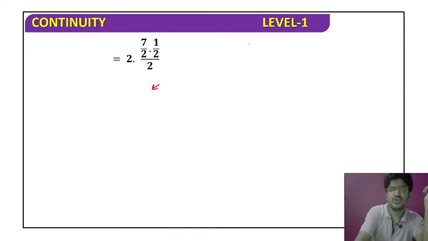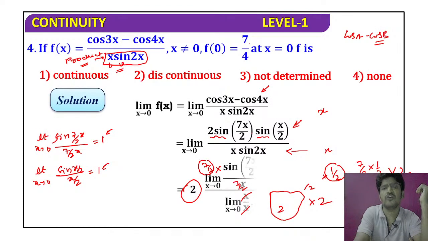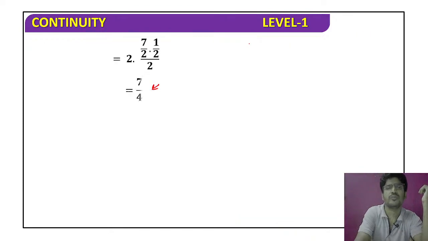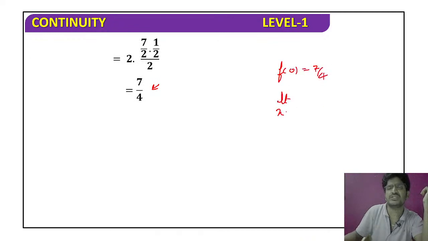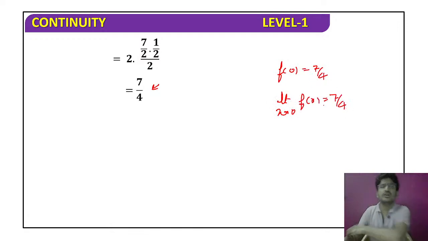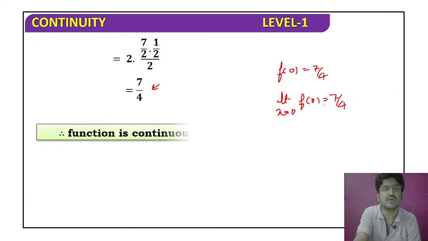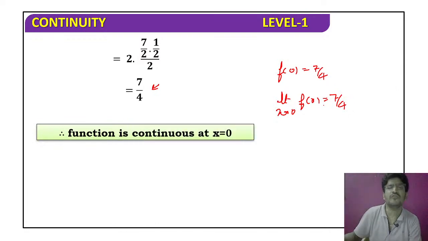And you have also seen that they have given f of 0 is also 7 by 4. Now limit x tending to 0 f of x is also 7 by 4. So if both the terms become equal, you can say that f of x is continuous at x equal to 0.